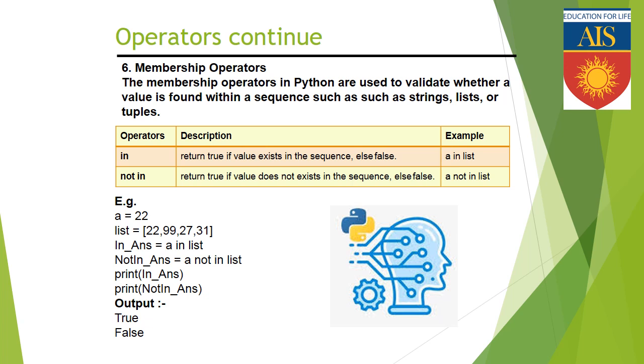A is assigned as 22, and 22 is there in the list, so the first answer becomes positive. Next, print not in answer will be false, because 22 is already in the list, but here we have given not in list, so that's why it will be false.